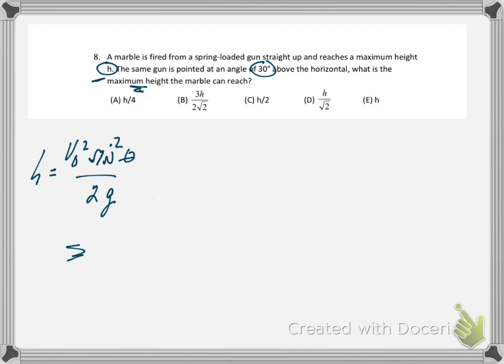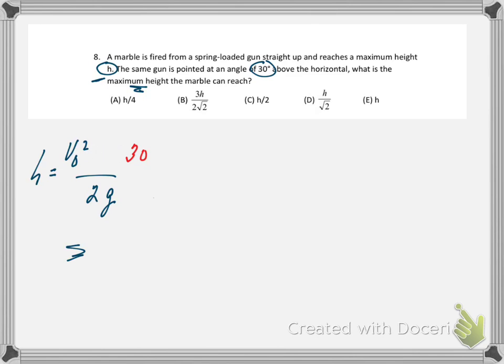that it can reach. All right, so using this equation, we can see that the only thing that we're really changing here is we're inserting an angle. And that angle is going to be 30 degrees.